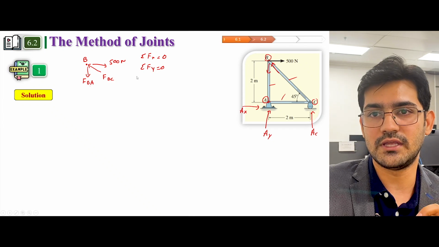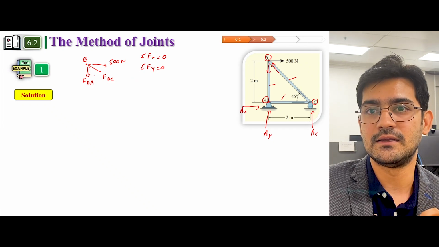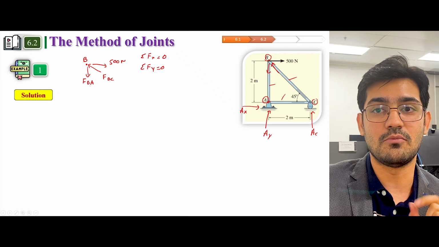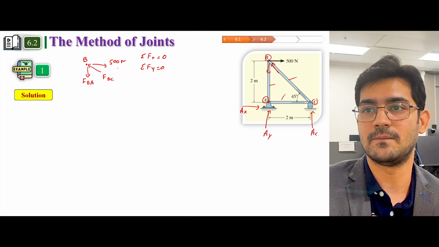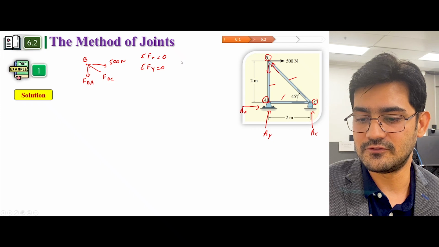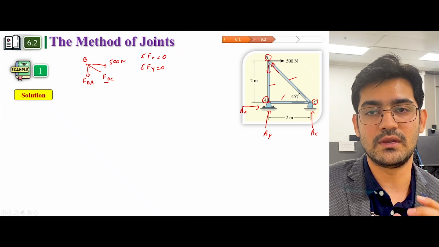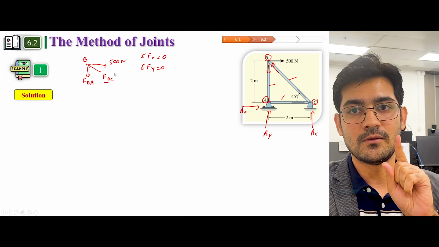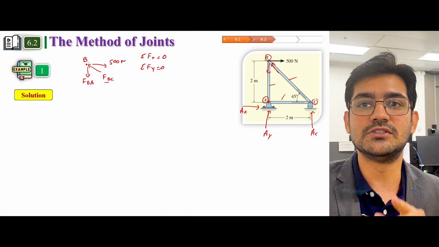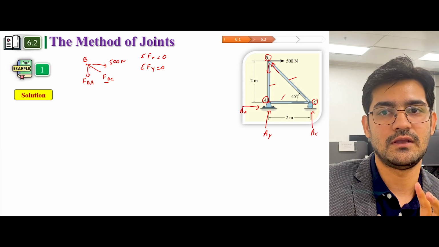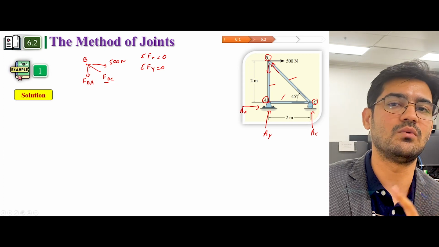Now, one more thing which is very important is how we will know whether a slender member is in compression or in tension. So one of the assumptions is that if the force we calculate is pushing or pointing towards the joint, then we can say that this is a compressive force. Later it's going to get clear why it's a compressive force.